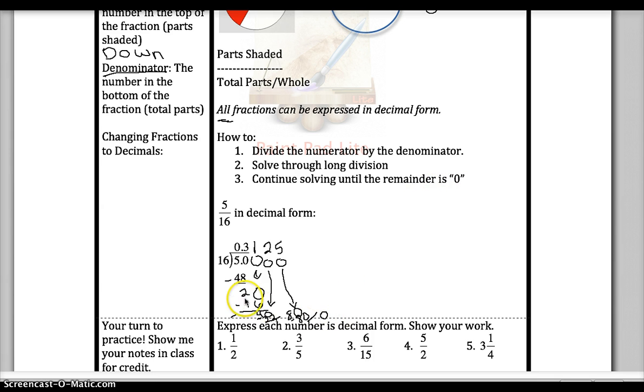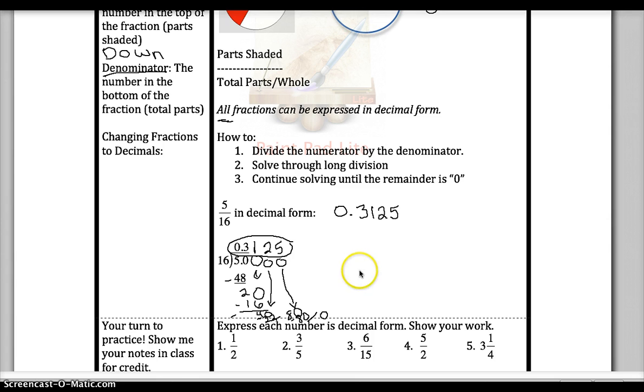Well, we have a remainder of 0, so now we officially have our answer. So 5/16 in decimal form is 0.3125. When you're doing your homework and your practice, you need to put your decimal point in. You will not get the answer right if you do not put your decimal in there.